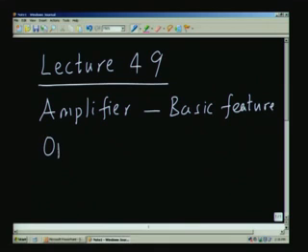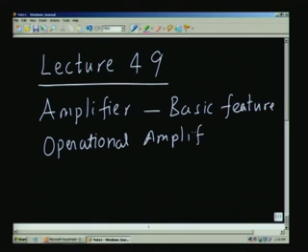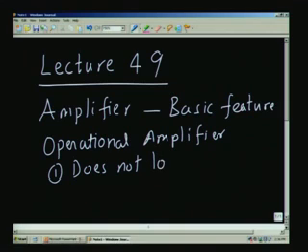So, the operational amplifier is the heart of the signal conditioning system, and what the operational amplifier does is, one, does not load the sensor.